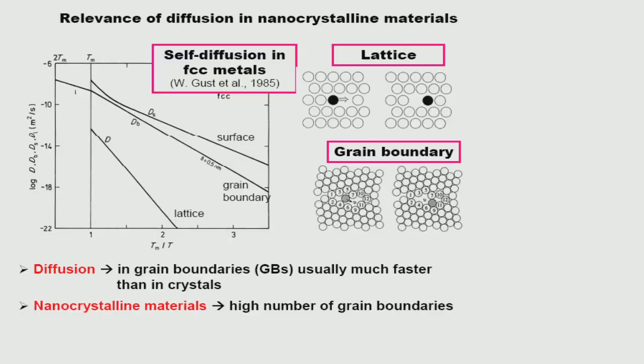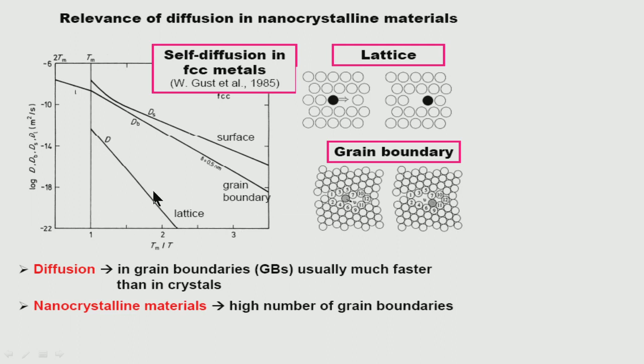If you look at this, the first line, the second one, the third one, you have this one representing the surface diffusion, the grain boundary diffusion, and the volume diffusion.